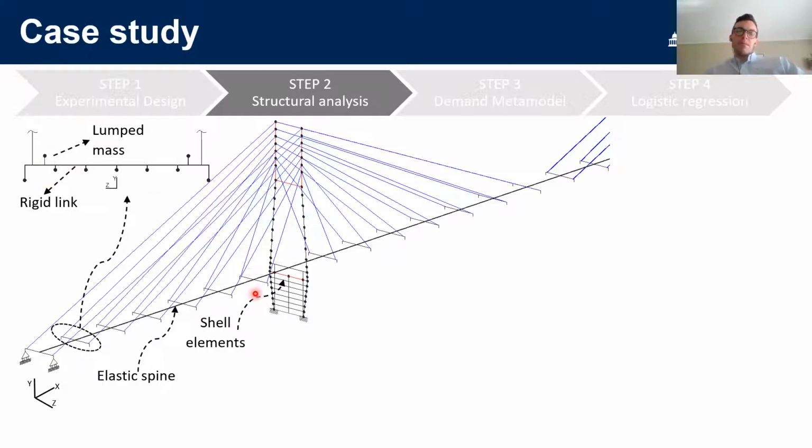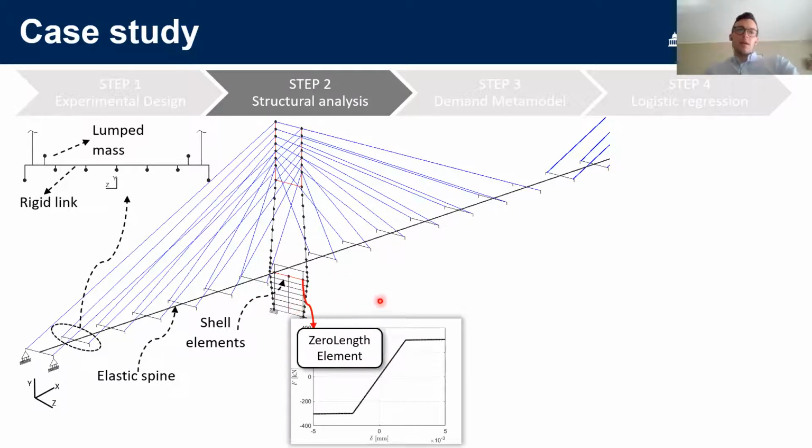Then we have shell elements to model the strut web, and zero-length elements, which are springs, to represent the bearings which connect the deck to the lower strut of the tower.